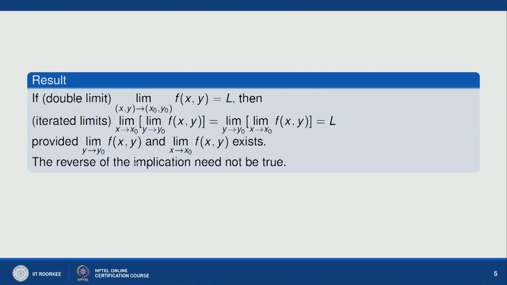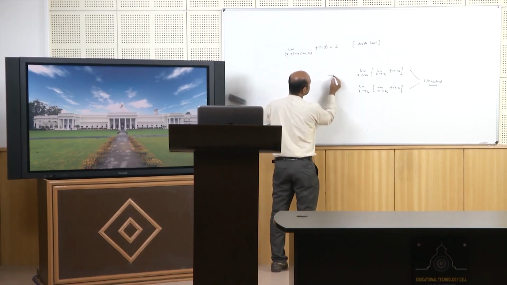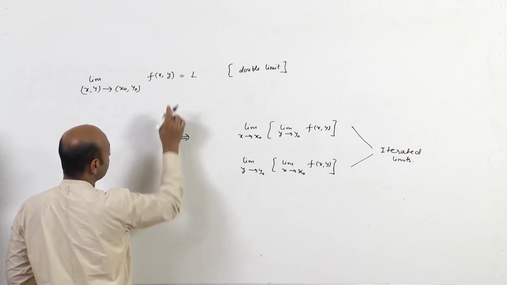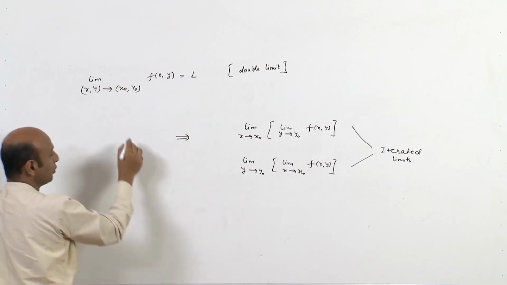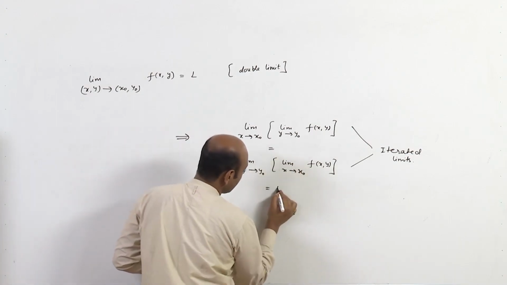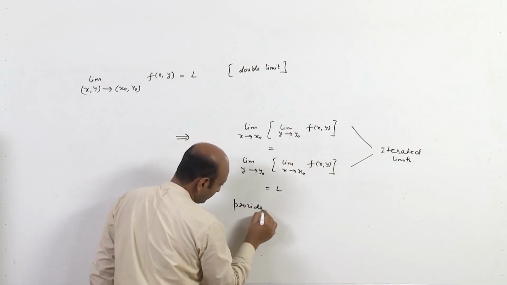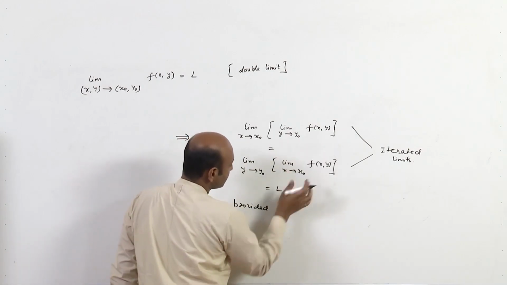If this condition holds, then only we can say that if the double limit exists, then the iterated limit also exists and is equal to L. So basically if the double limit is equal to L, then this condition implies that these are also equal to L, provided the inside limit exists.